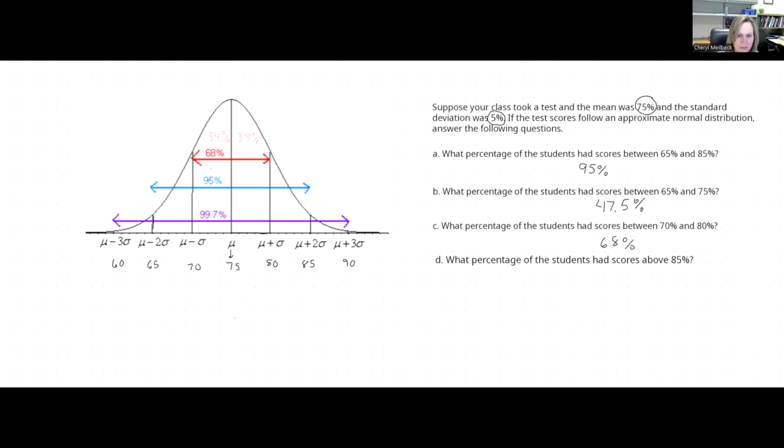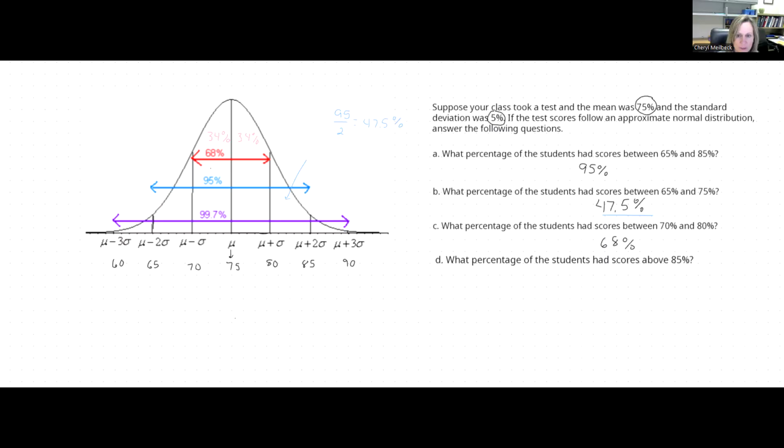That means that from the mean to 2 below and from the mean to 2 above, it's symmetric. So we would take 95 and divide it by 2 and get 47.5%, as we did here. But that is the whole bit. So that covers 1 standard deviation plus 2 standard deviations. If I wanted to find out what was in this area here, we would need to subtract out the 34.